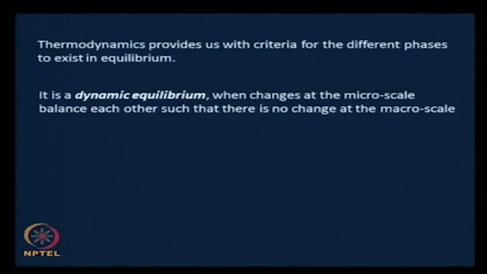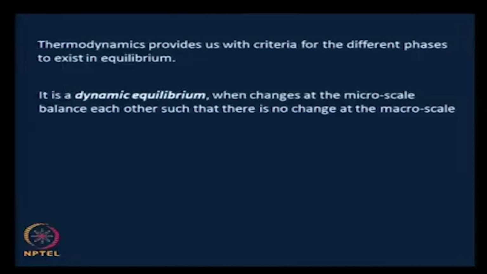At equilibrium conditions, processes do take place, but the rate of the process in one direction equals the rate of the process in the other direction at the micro scale, and therefore both rates cancel each other, and net at the macro scale we do not find any major difference. What I mean by this is, consider the evaporation of water.